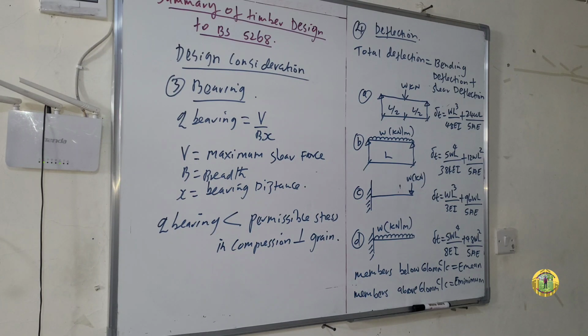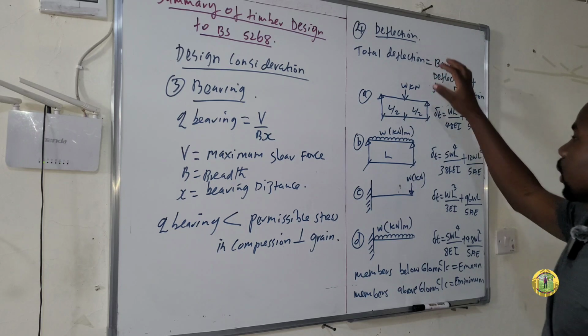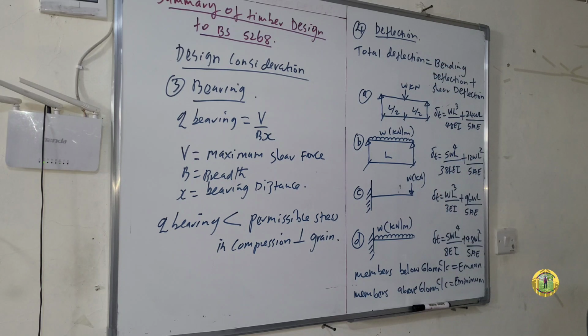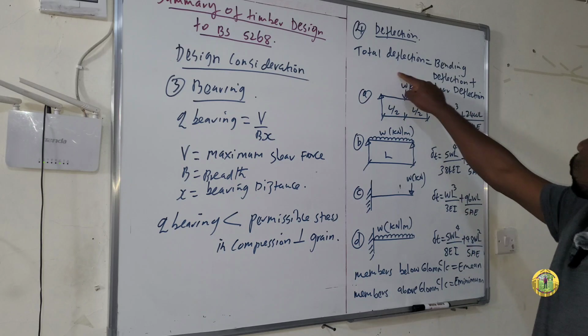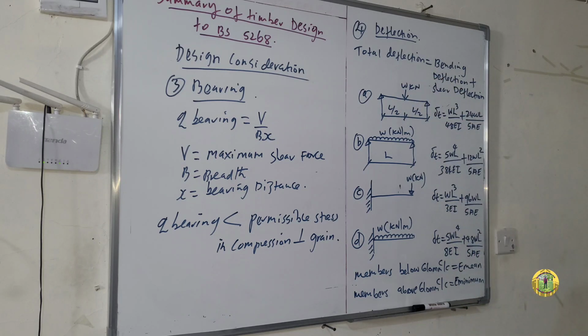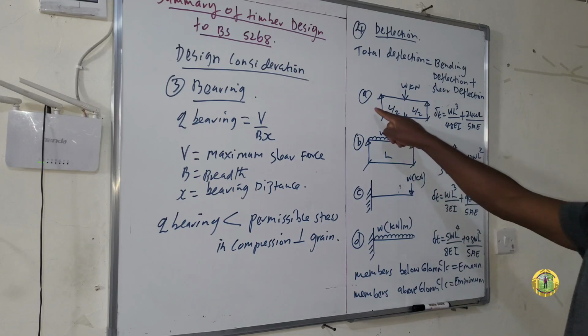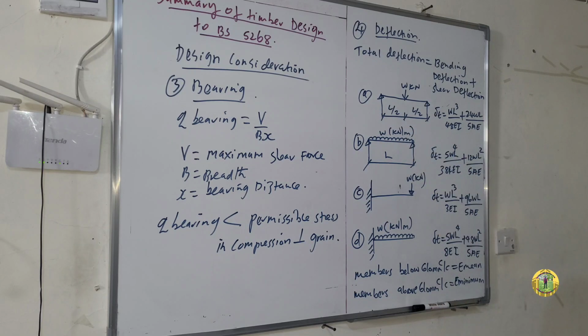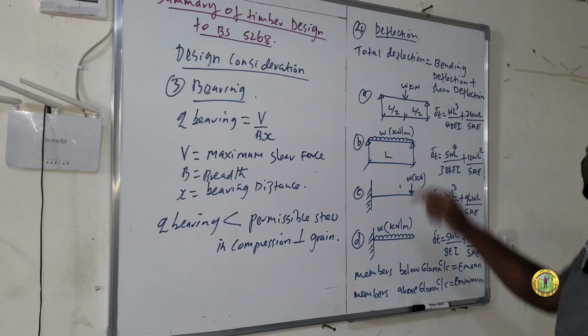So design consideration number 4, which is deflection. These are the standard formulas used to determine the induced deflection in timber design. The total deflection is equal to bending deflection plus shear deflection. For example, the first case is a simply supported beam with a load at the center.